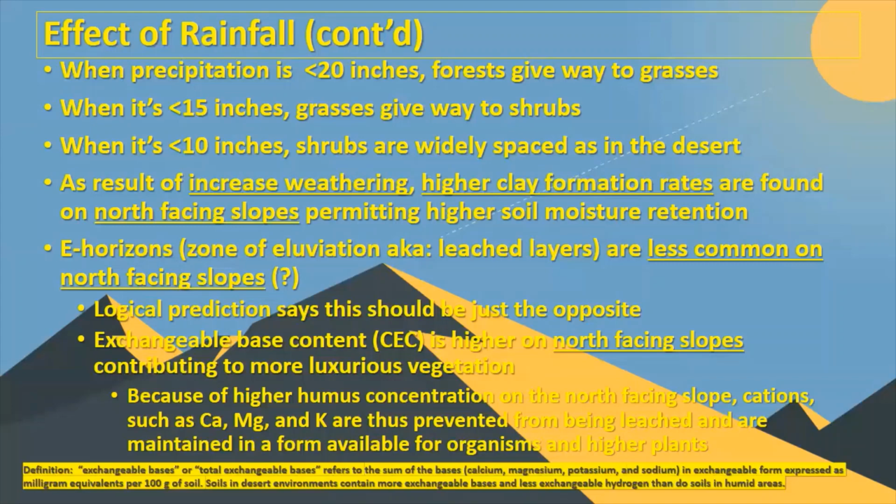So that happens better on north-facing slopes. That's all I'm saying. What's that do? When you make available bases, it contributes to more luxurious vegetation. So because of higher humus concentrations on north slopes, these cations, some examples being calcium, magnesium, potassium, are prevented from being leached and are retained in a form available that organisms, higher plants, can use them.